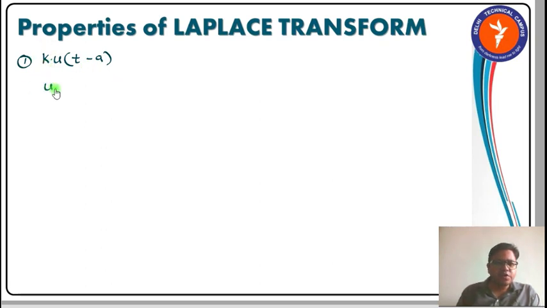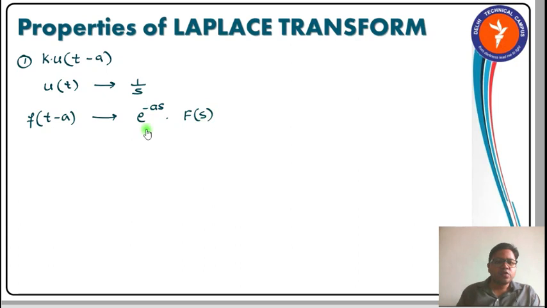We already know the Laplace transform of u(t) is equal to 1 by s, and we can use the time shifting property. We know that the transform of f of t minus a is equal to e raised to power minus as times F of s.